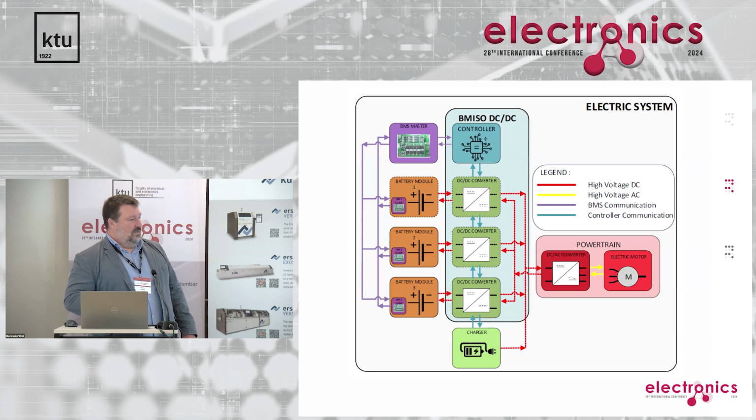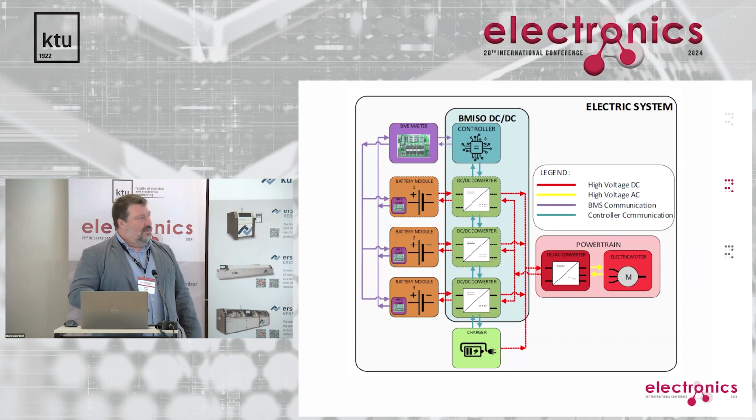Of course, you can plug in a charger whenever it's possible. So the idea is that from each battery module, energy flows in this direction, and of course, if you have regenerative braking, then it flows like this. But there is no exchange of currents of energy between modules.